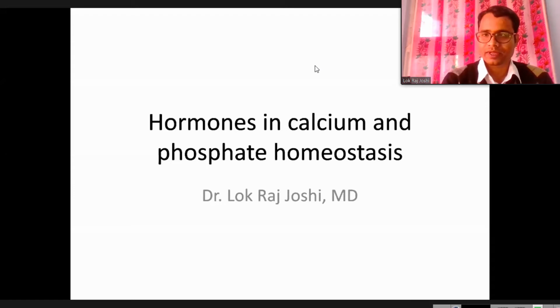In most of the cases of thyroid disorders, the defect is in the thyroid gland itself. But in some cases, the defect may be in the anterior pituitary gland or in the hypothalamus. By looking at the thyroid function test, we can say whether the defect is at the thyroid level or at the anterior pituitary or hypothalamic level.